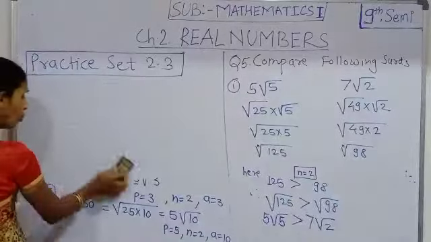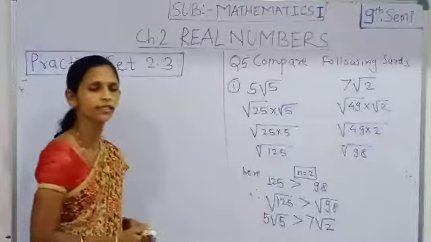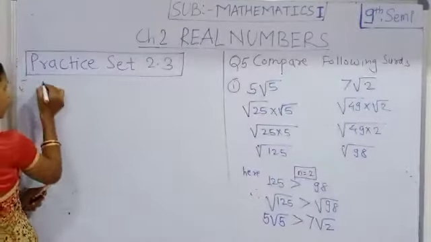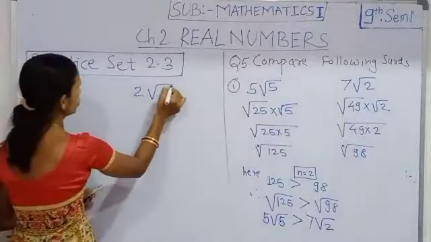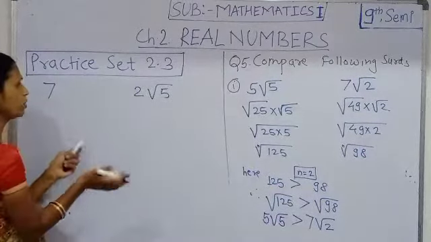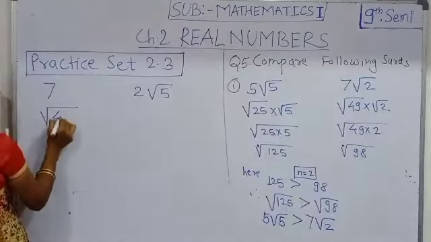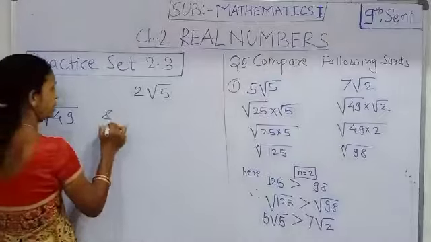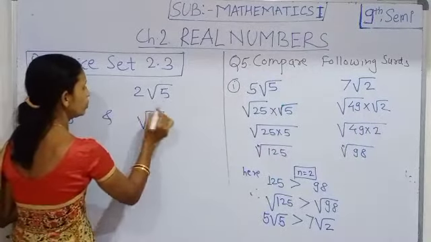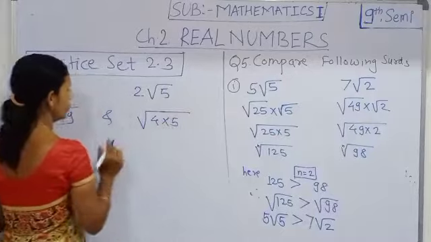Then one more example which is given in this question, that is 7 and 2 root 5. See here we have to convert both into this form. 7 means root 49 and 2 means root 4 into 5.